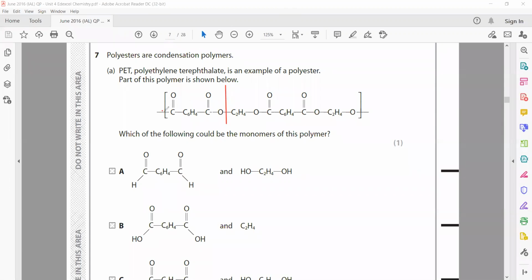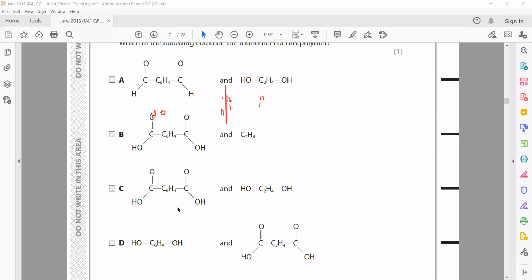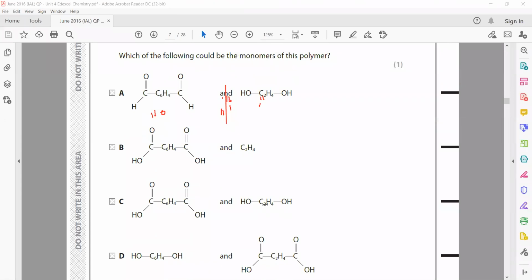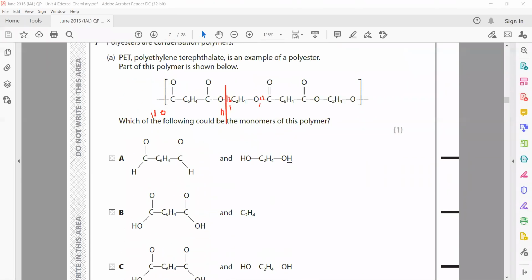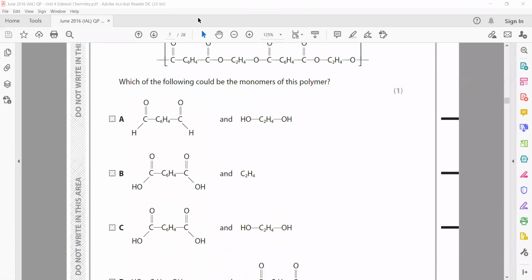So if I put OH here and H here, that will be one, and the same on the other side. It matches HO-C(=O)-C6H4-C(=O)-OH and HO-C2H4-OH. So it matches with option C, so C is the right answer.